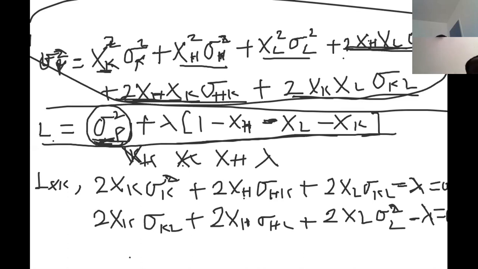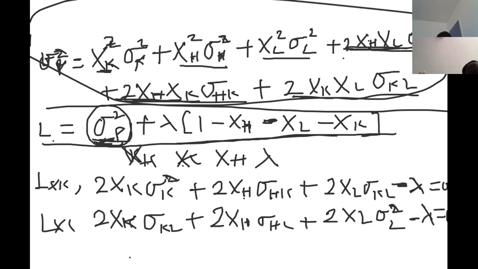With respect to K, the first one is also negative. The negative sign doesn't show in front of the lambda, but it's there. It's negative.